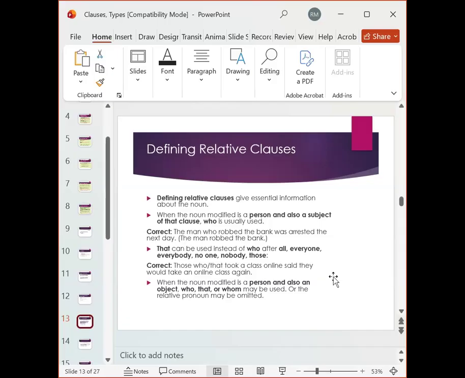But immediately we say those, we know that it's not a particular person or group of people that we can identify, but some indefinite people that we may identify with whatever action or activity they are going to undertake. So when the subject refers to an indefinite group of people, you can use that and the sentence will still be correct. And you can use who and the sentence will still be correct.